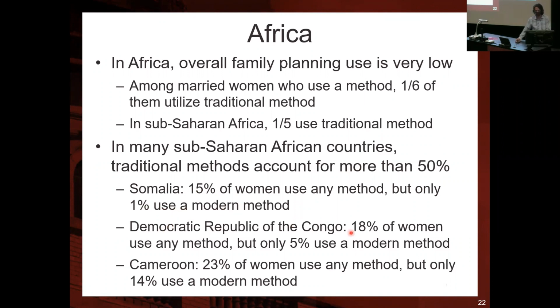Democratic Republic of Congo, 18% any method, 5% a modern method. Cameroon, 23% any method, only 14% use a modern method. So you see that in Somalia and the Democratic Republic of Congo, you have a really low percentage of women using modern methods of family planning.